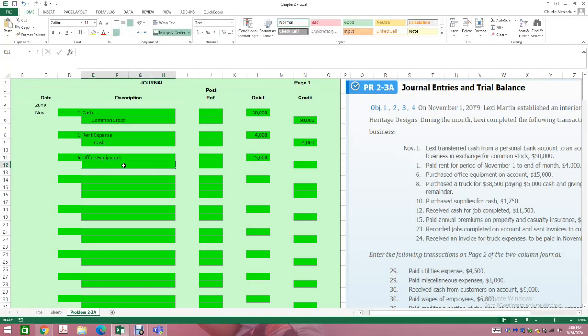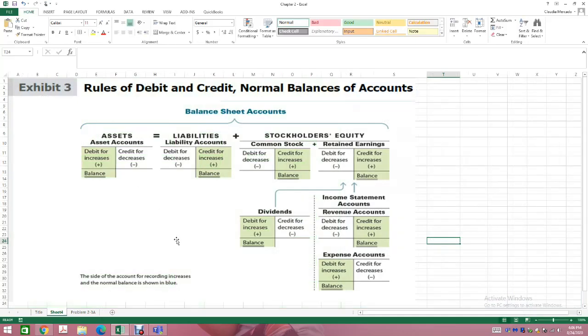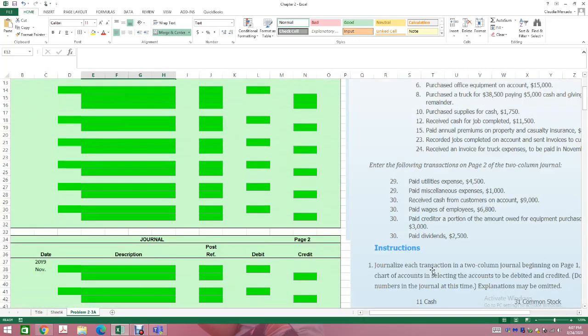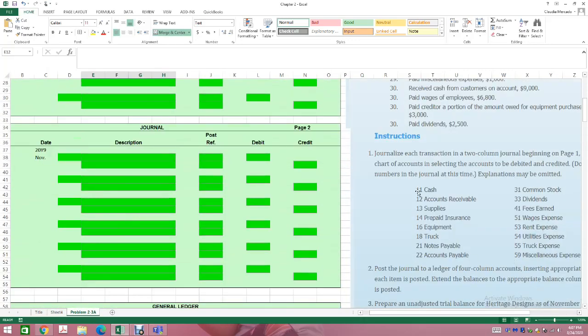How did you pay for your office equipment? On account. Anytime you see the word on account, it means you owe someone money. When you owe someone money, it's a liability. The account that we usually use for when we purchase something on account is called accounts payable. So, because your liabilities are increasing, then I need to credit my account. So we look at the list of accounts that we have here, and they're organized. Anything that starts with a 1 is an asset.